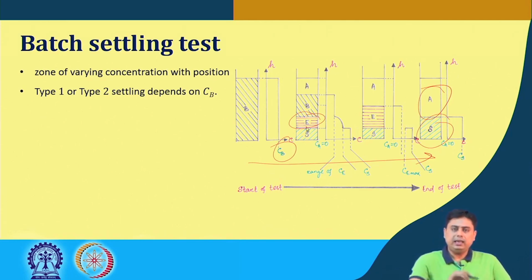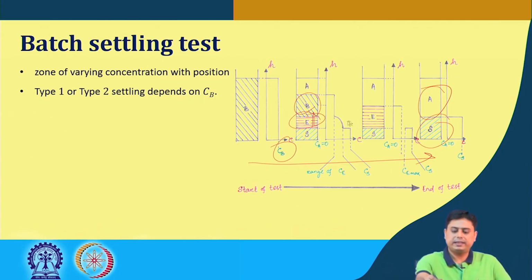In this zone E, the concentration of the solid particles actually varies with position, and this zone grows with time, and the steady portion of the concentration vanishes after a certain time.